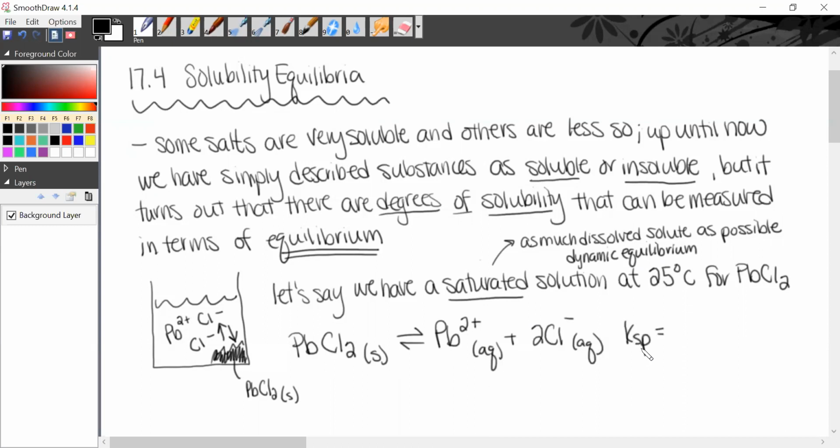We call it Ksp. I'll tell you what it stands for in a second. It has to do with solubility. The Ksp would be the concentrations of your products, so the Pb2+ ions and the Cl- ions, don't forget, raised to their coefficients. We haven't done that in a while, right? Because all of these acid-base ones we've been doing are all 1-to-1s.